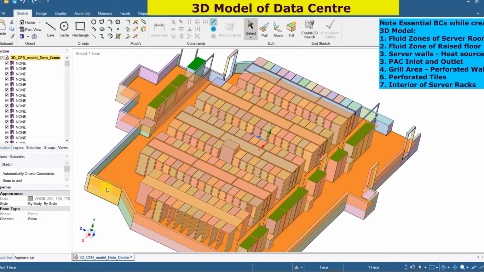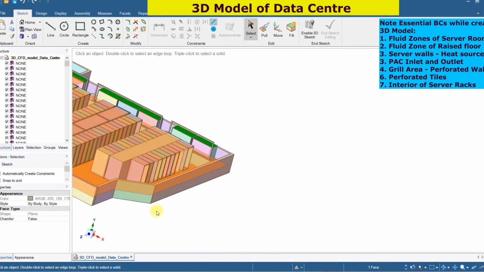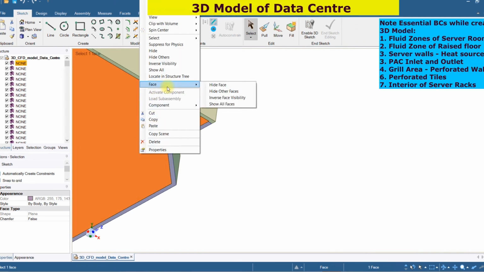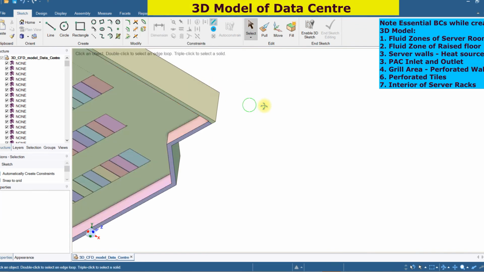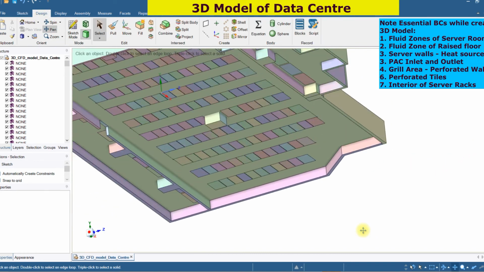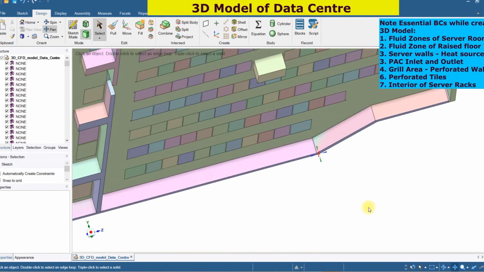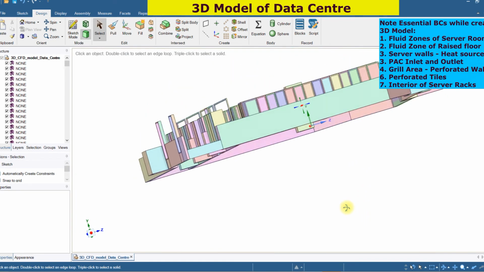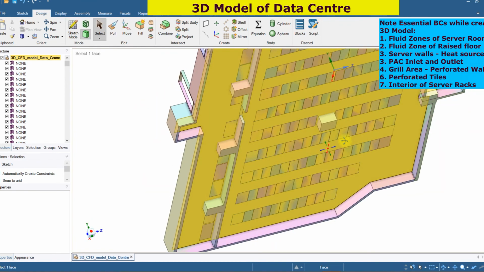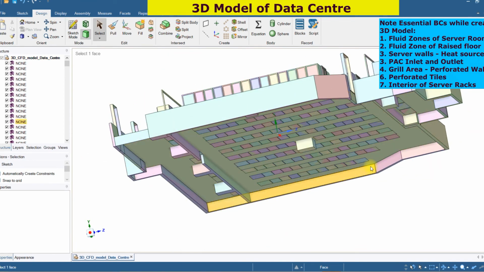If you want to see how the bottom floor looks, we can see here. I just hide the face. Here we can see the bottom space. It is also called raised floor, through which cold air flows.